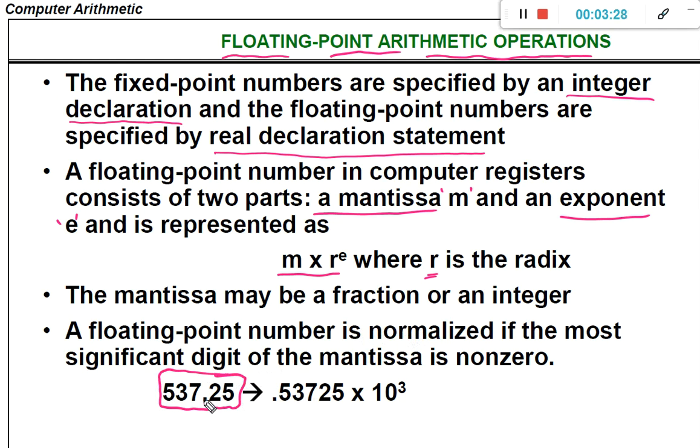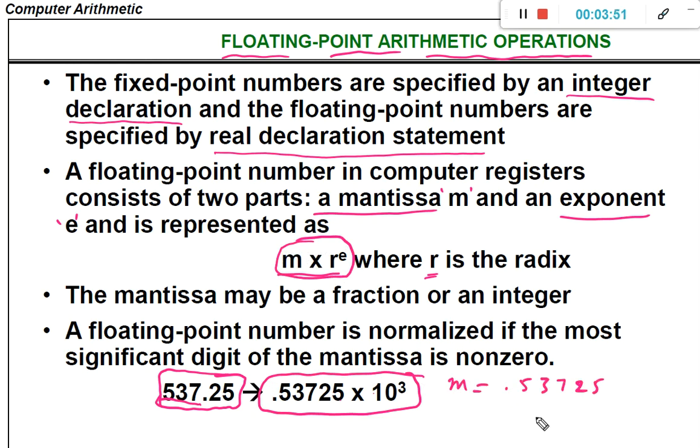The point will be moved 3 places to the left, and it is represented as 0.53725 multiplied by 10 power 3. This particular number is of the form M into R power E in scientific notation, where M is equal to 0.53725, R, the radix, is equal to 10, and the exponent is equal to 3.